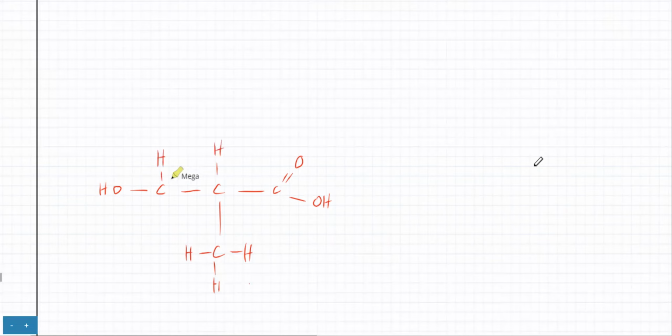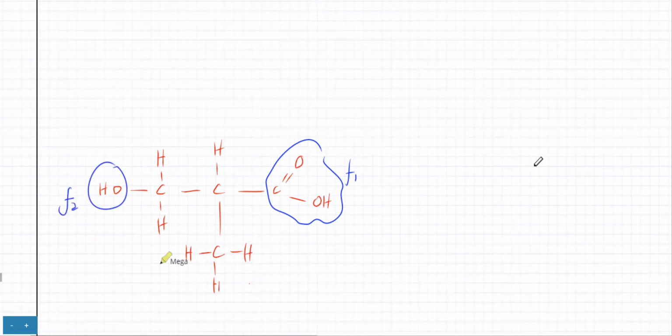So the first thing is, how many absorptions would there be? How many different chemical environments are there? So this hydrogen over here is unique. It has a completely different chemical environment compared to all the others. So let's say that resonates at frequency F1. Then this OH over here is a completely different chemical environment that would resonate at frequency F2.